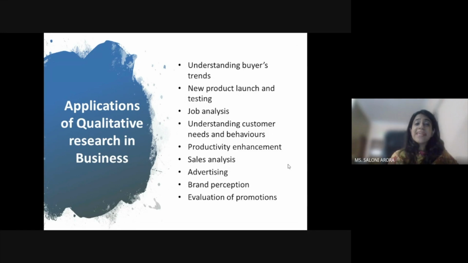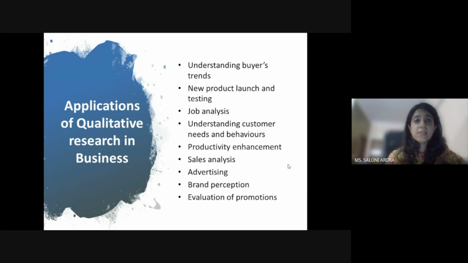So, testing a new product launch, even before entering the market, you just test your product in a short sample, and that is going to help you to identify the loopholes. If there are certain elements that the people are not liking, you can make amends in your product, you can make amends in your marketing strategies, and then go ahead with that.